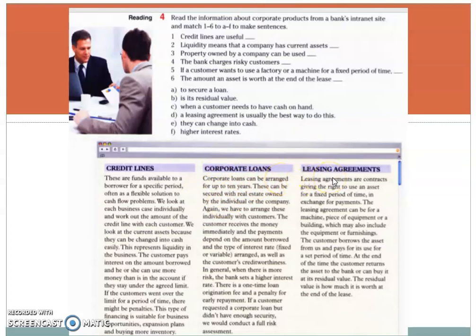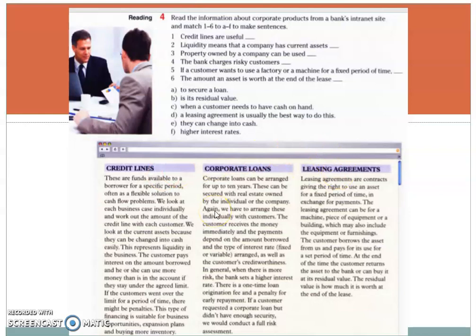Next is leasing agreements. Why is this helpful? Leasing agreements are helpful for expansion to a new place. So that's how important these three products are.